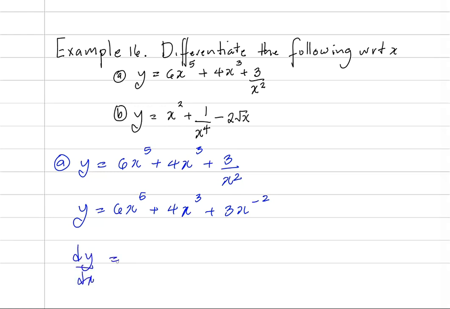So by now you should see that the power at the top, you're going to use it to multiply by the number at the front. So it's going to be 6 times 5x, and the power decreases by 1. The power becomes 4. Plus 4 times 3, the power comes to the front, to multiply by that number at the front.